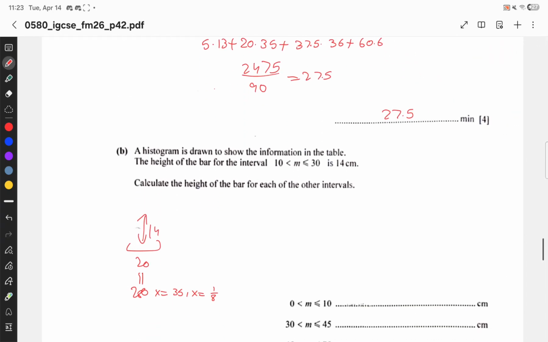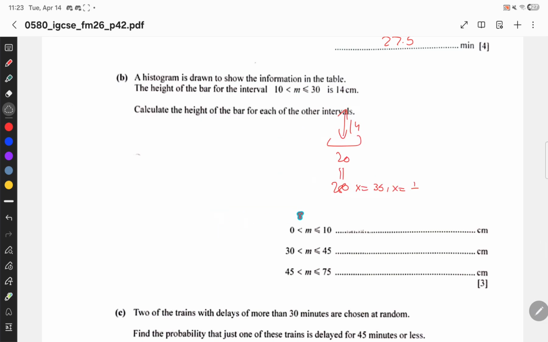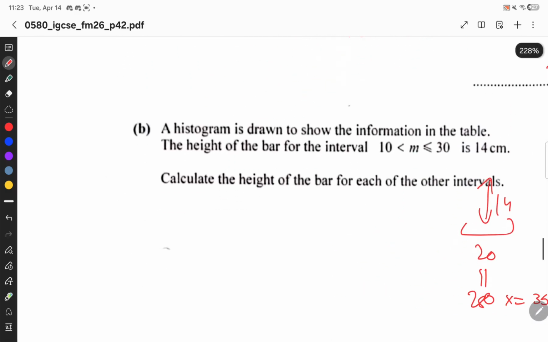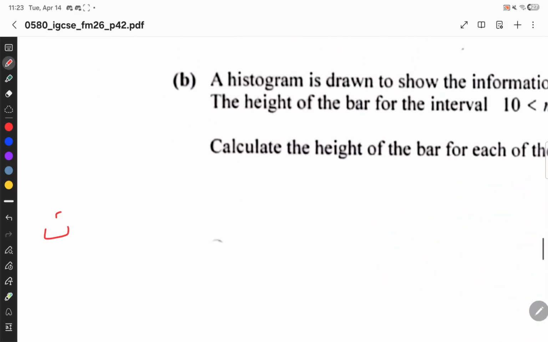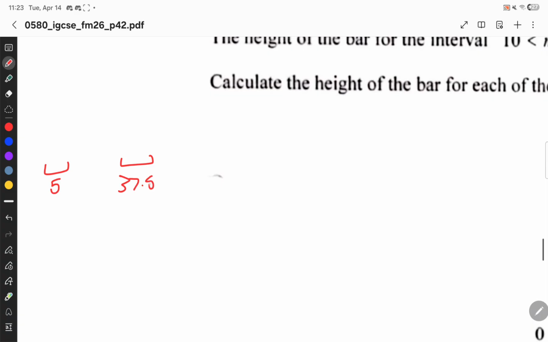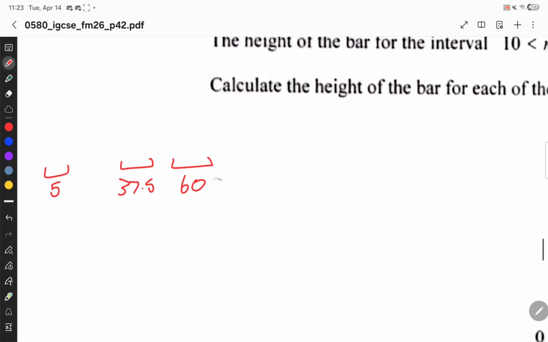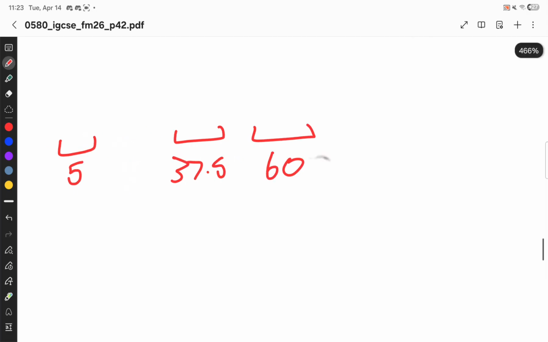So we know the widths of each. So the width is 5. The width would be then 37.5, and the next width would be 60. Then the height would be such that the area is 8 times the frequency.